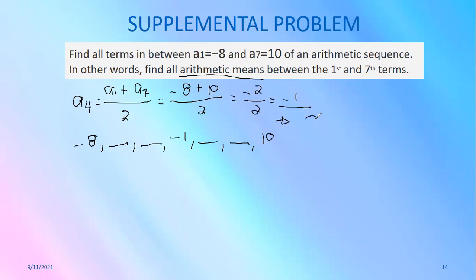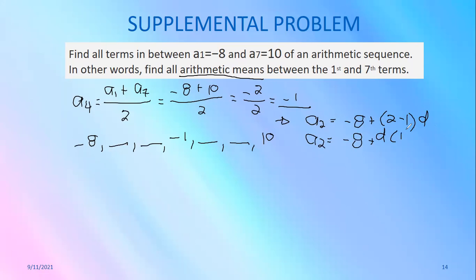Let's try the second term, which is equal to the first term plus the number of terms, 2 minus 1, multiplied by d. So the second term is equal to negative 8 plus d.